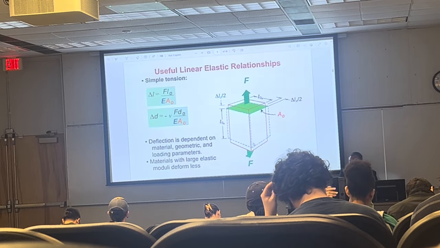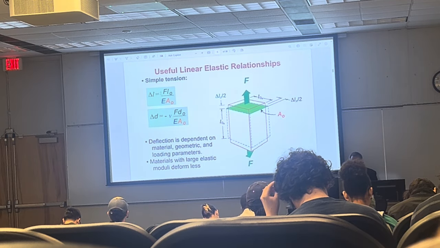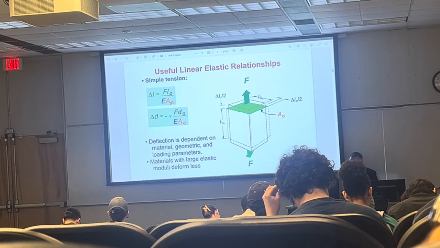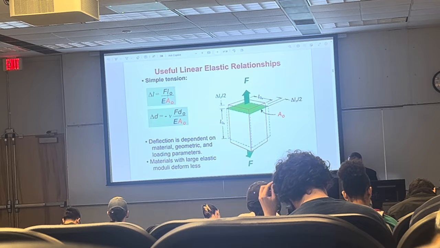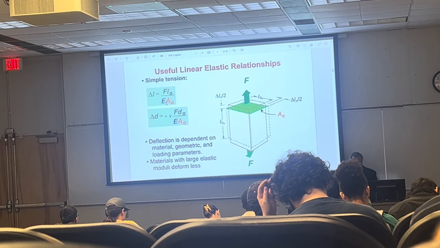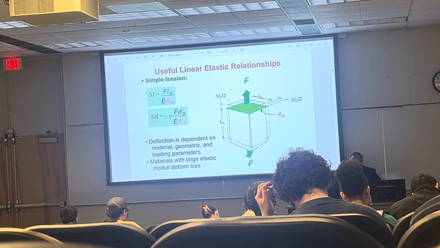Useful relationships that we're deriving in that other class are that delta L is equal to F L0 over E A0, where L0 is the original length, F is the force, E is the elastic modulus, A0 is the original cross-sectional area. Or delta D is equal to minus nu F D0 over E A0.